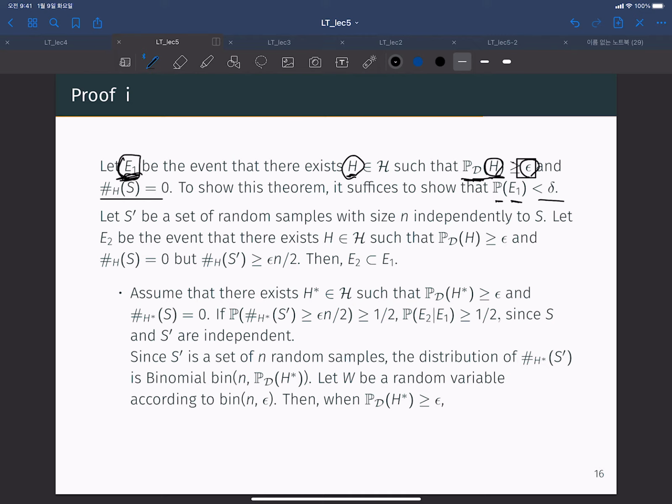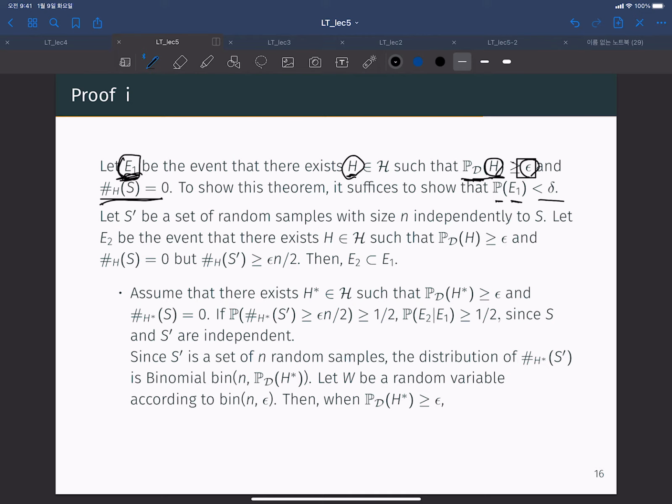But since the samples have zero intersection, so zero error, we can think the perfect samples always indicate a very nice hypothesis.